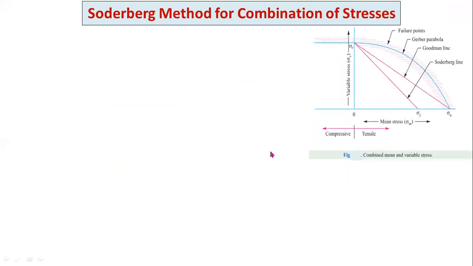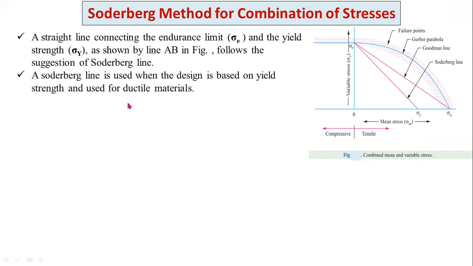In a similar way, the Soderberg method can also be derived. A straight line connecting the endurance limit sigma E and the yield strength or yield stress sigma Y, as shown here, follows the suggestion of a Soderberg line. This line connects the endurance limit and the yield point stress.